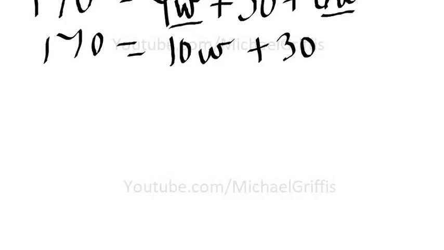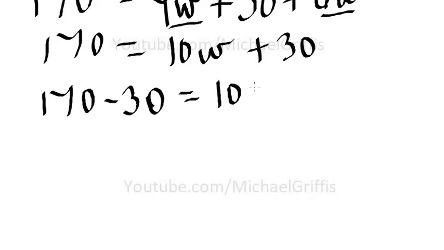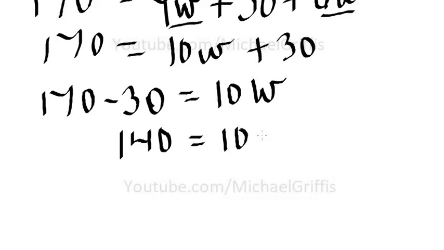Subtracting 30 from both sides, we have 170 minus 30 is equal to 10W. This gives us 140 is equal to 10W, which implies that W is equal to 14.